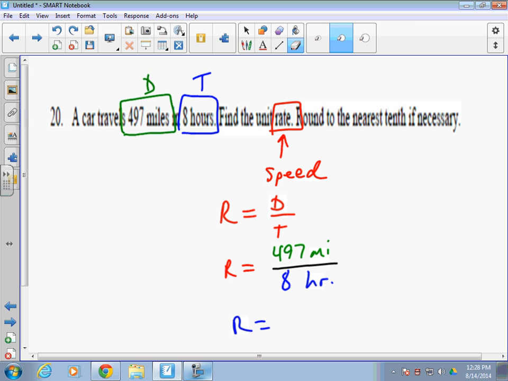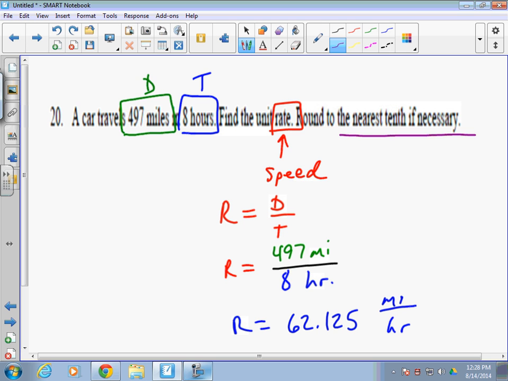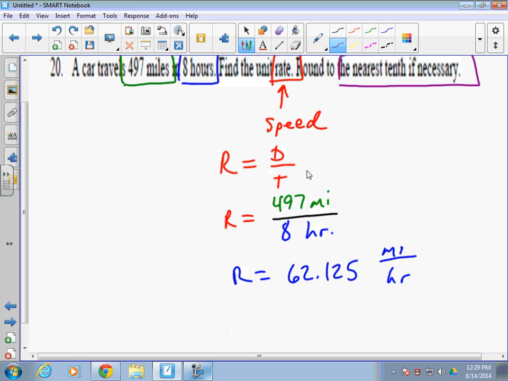497 divided by 8 actually gives you 62.125, and again, it's miles per hour. But then look at what it says way at the very end. It says round to the nearest tenth if necessary. That means the decimal place, or the spot right after the decimal place, which is this one. So we only want to go one space past the decimal.